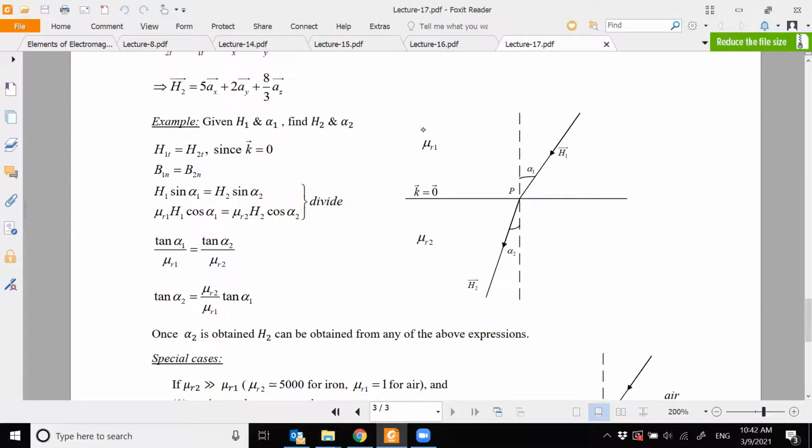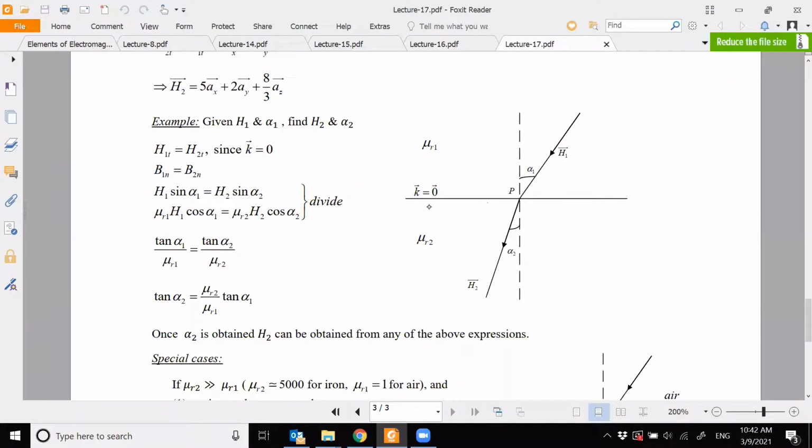If mu R1 and mu R2 are the permeabilities, and I know H1, its magnitude, and the angle it makes with the normal to the boundary, which is alpha 1, then can I find the magnetic field in region 2 near the boundary and the angle it makes with the normal, which is alpha 2?